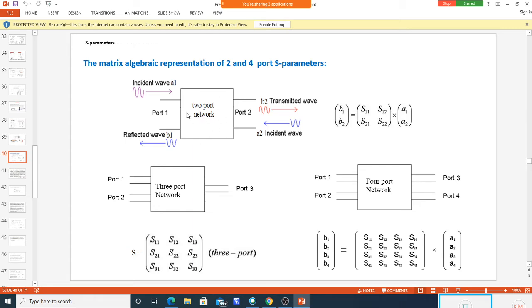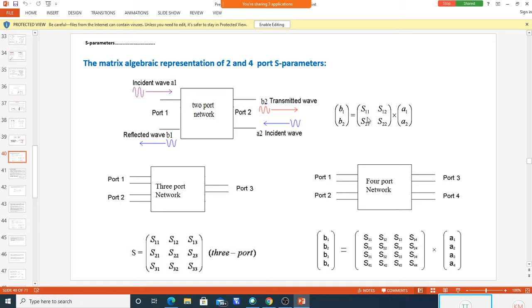That entire operation we can represent using four parameters: S11, S12, S21, and S22. This is the scattering matrix of this two-port network. Based on the network type, if it is a filter, amplifier, or attenuator, the values of S11, S12, S21, and S22 will be different.